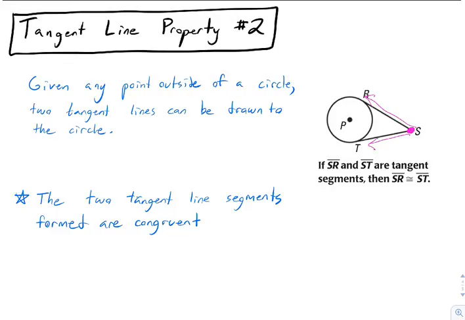Any other point, sorry for the bell here, would just take you out into empty space if it was outside of those two, and if it's inside of those two, it would pass through the circle in two different points and be a secant, not a tangent. Okay, so there's two tangents from any point outside a circle, and our property says the two segments created from that point to the circle, from the point to the circle on the other side, are congruent.